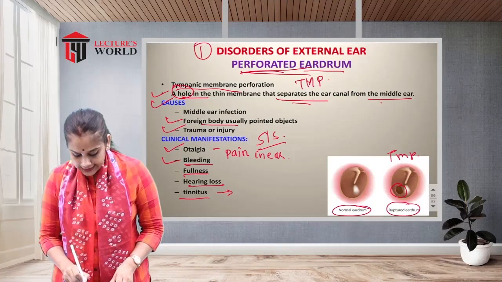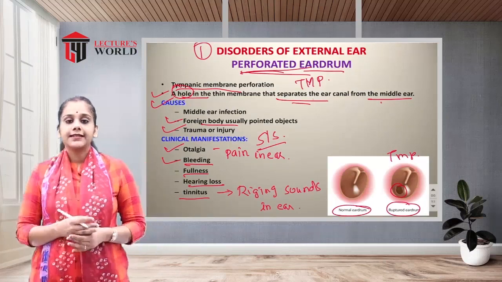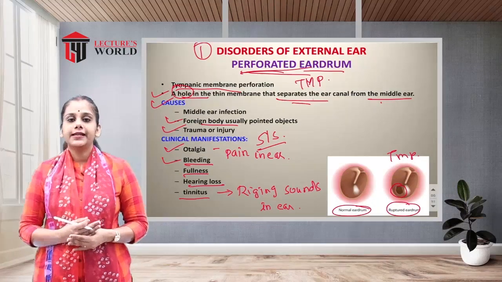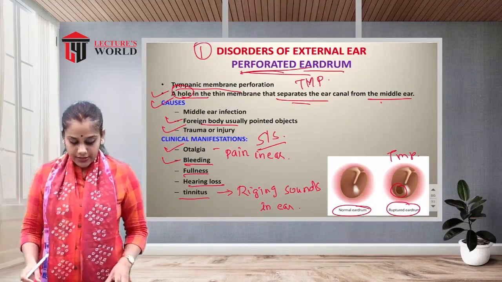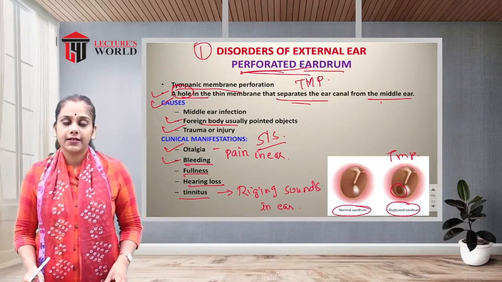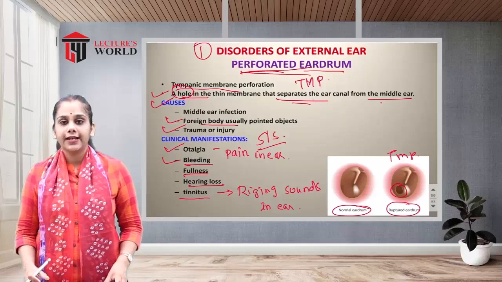What is tinnitus? That is a ringing sound in the ear. So these are the manifestations of the perforated ear. So what is a perforated ear? That is a hole in the tympanic membrane.